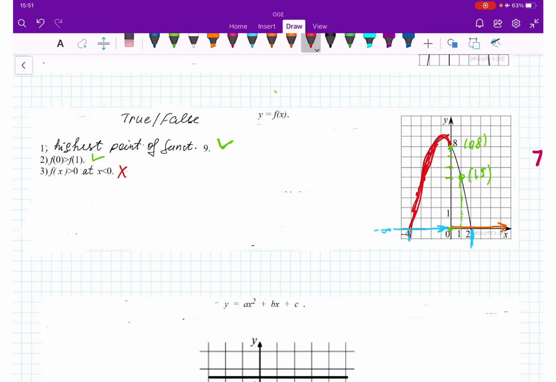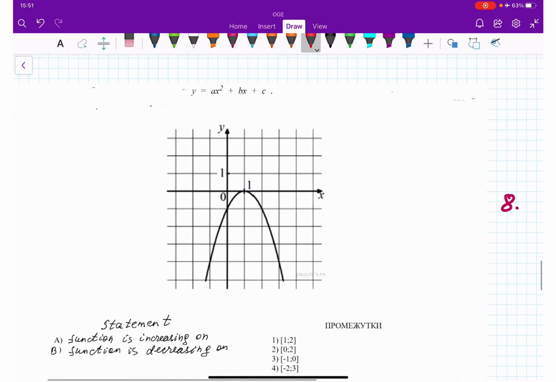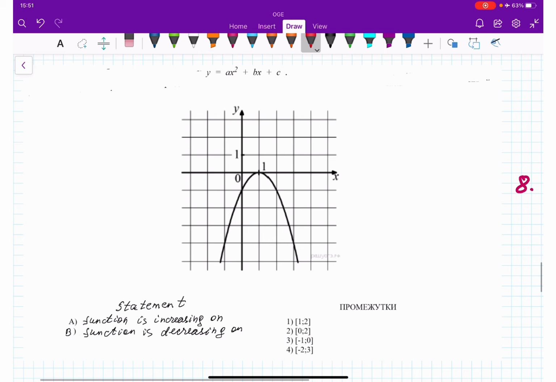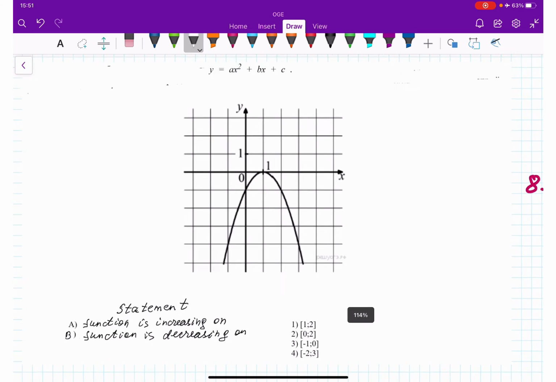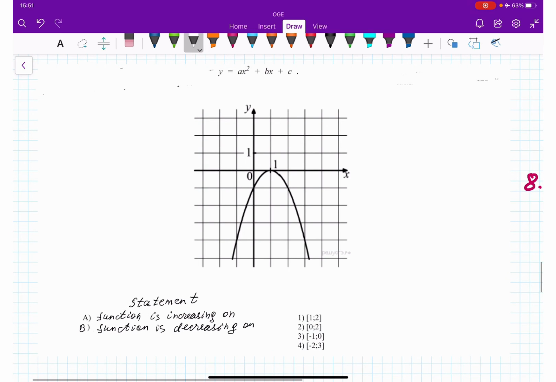Question number 8. So what we are going to do here, we are given the graph of a quadratic function, ax squared plus bx plus c, and we need to find at what given interval it is increasing, at what given interval it is decreasing.